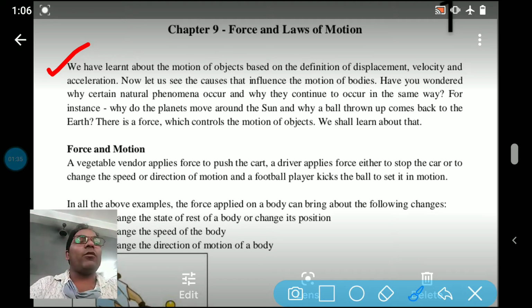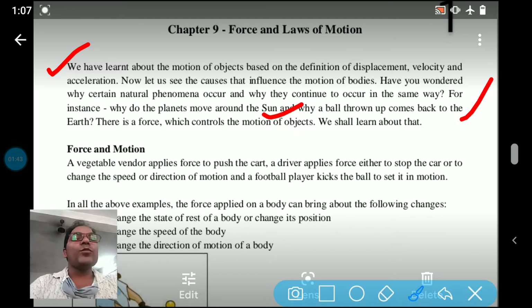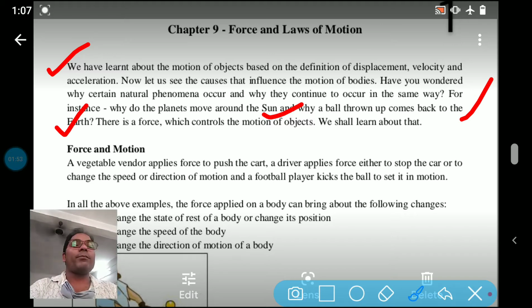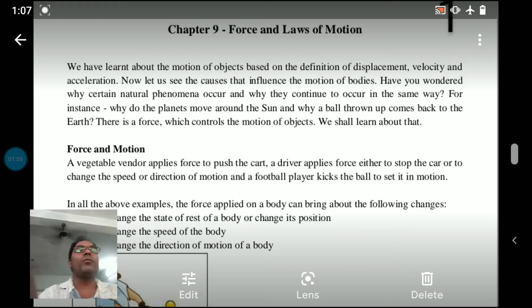For instance, why do planets move around the sun, and why does a ball thrown up come back to the earth? There is a force which controls the motion of objects. We shall learn about that. So in this revision video, we will learn this.